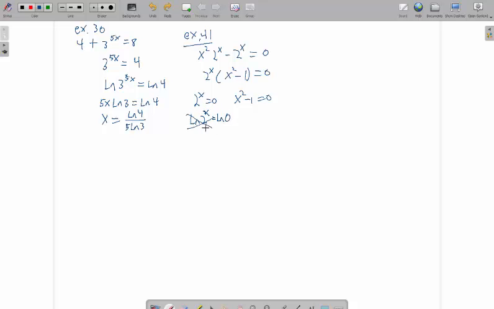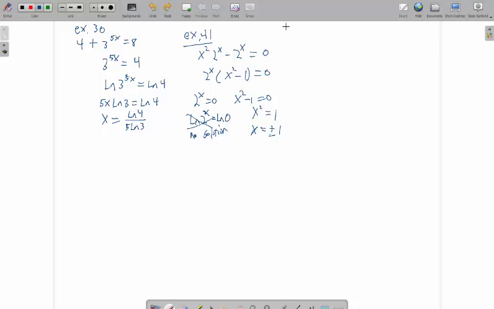So this produces no solution. But this one will get me two solutions. X squared equal 1, square root both sides. X equals plus or minus 1. And those would be my two answers.